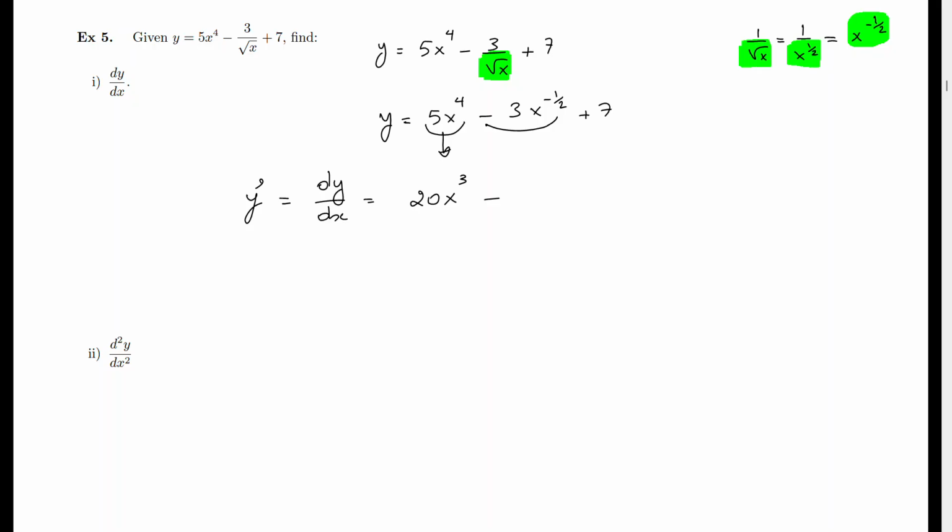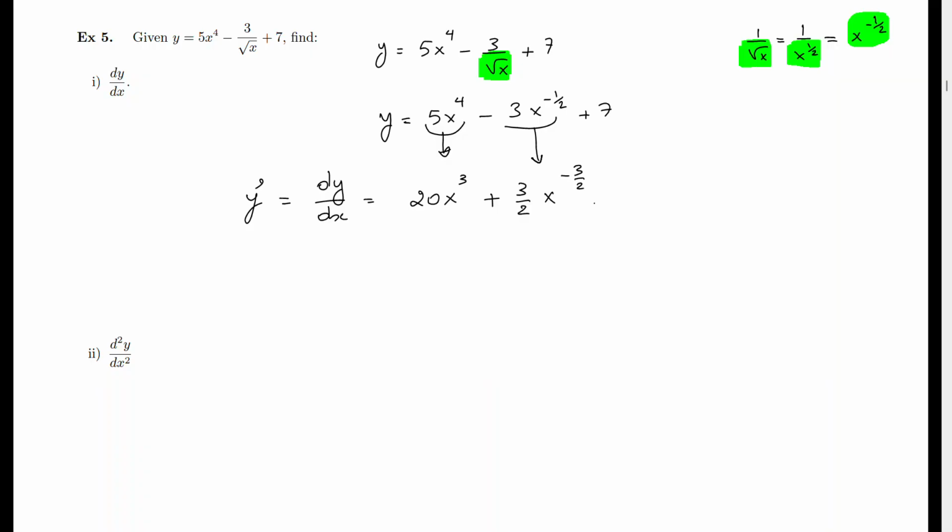So the -3 in front is going to get multiplied with the -1/2. It's going to give me 3/2 with x to the power of -1/2, and I'm supposed to subtract 1. And when I subtract those powers, really I get -3/2. And finally, the derivative of 7 is just going to be 0. I'm not going to even bother writing it down.